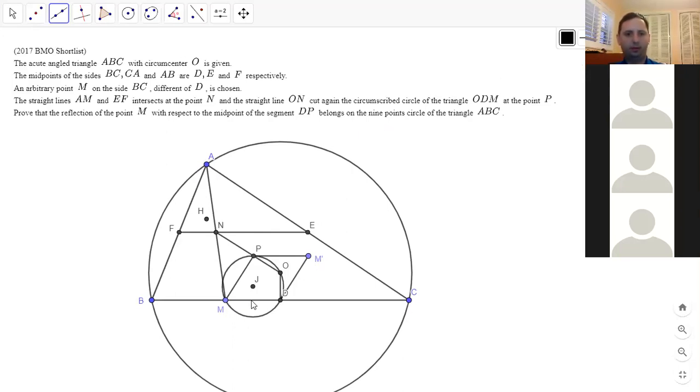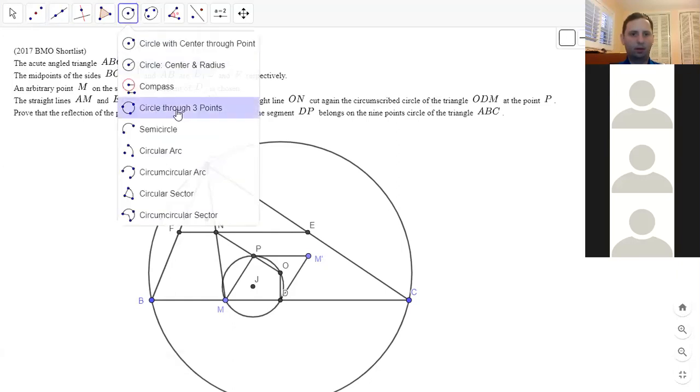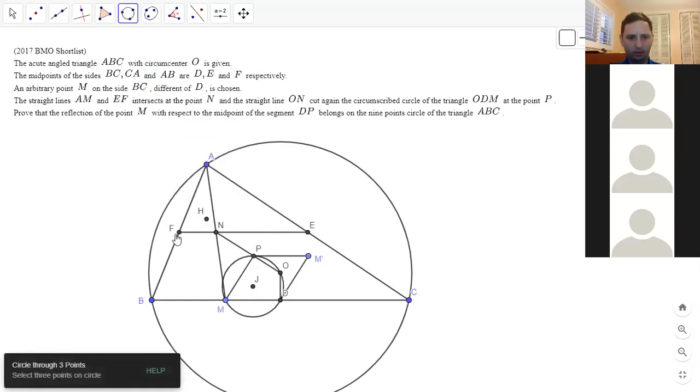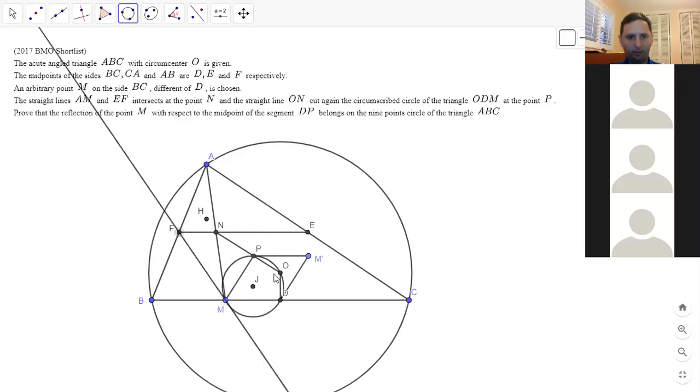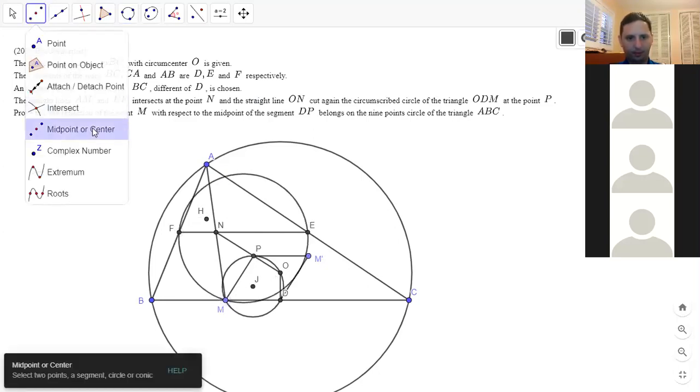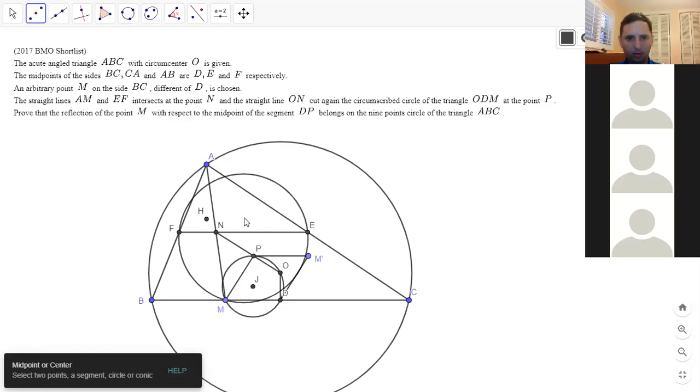So let's think of the best way. Angle chase, power of a point, or we could even use homothety, like if we draw the nine-point center. I'm going to do that.